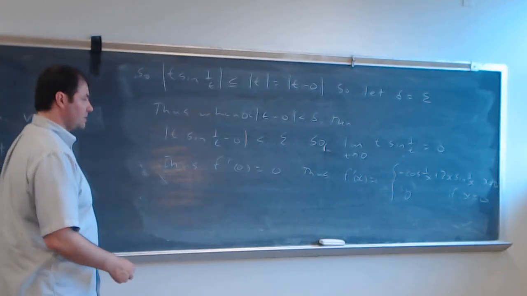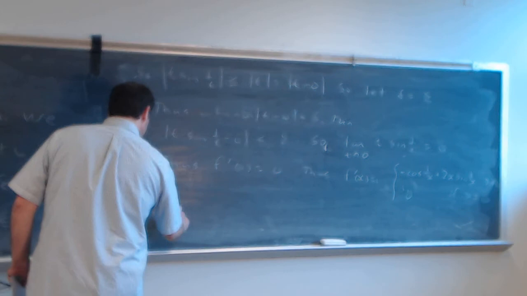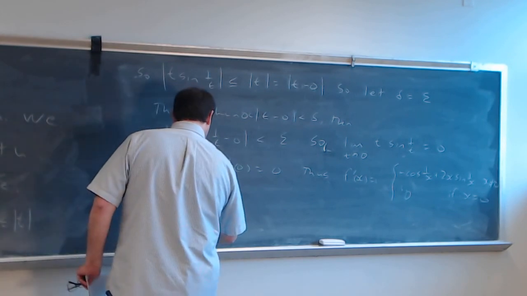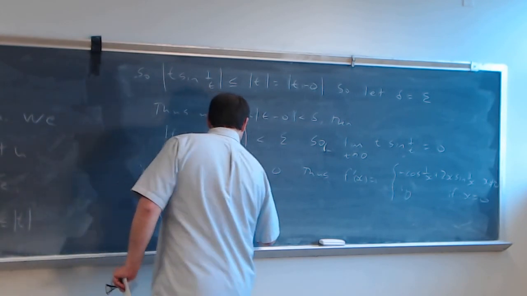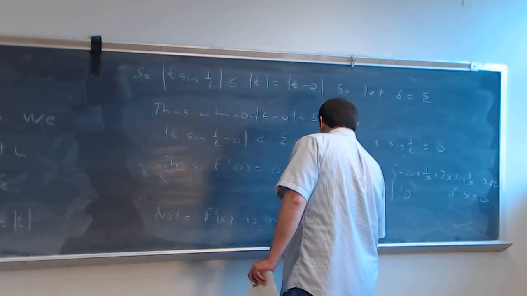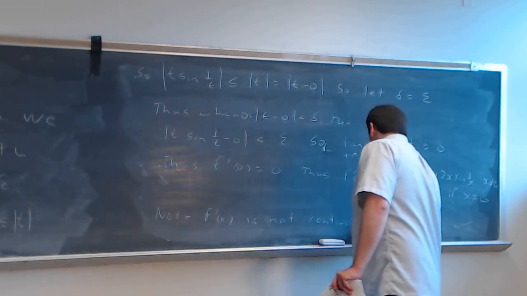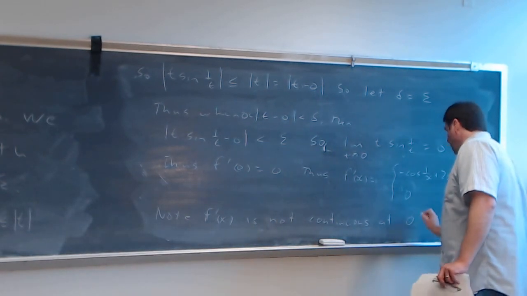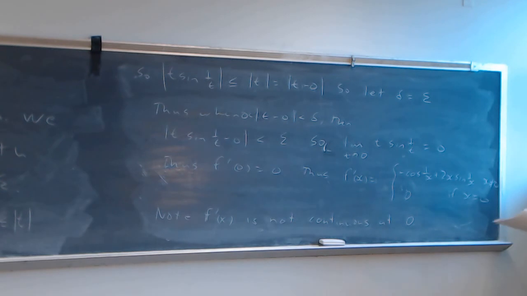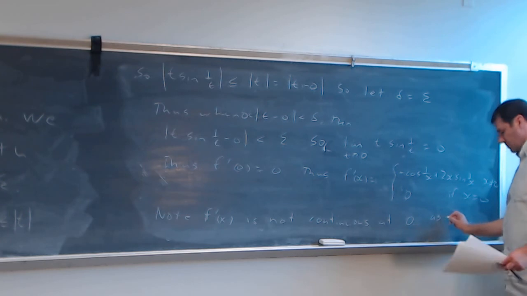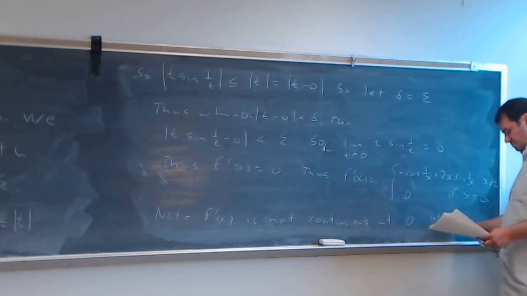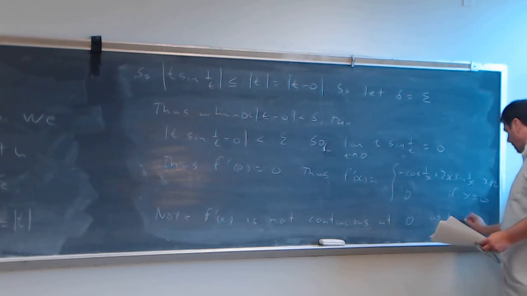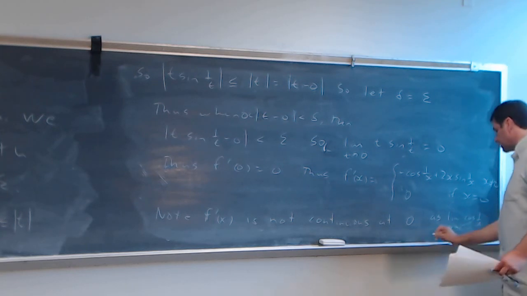What I want to point out about this function, in addition, is that f prime of x is not continuous at 0 itself. And one of the reasons is that the limit as x goes to 0 of cosine of 1 over x does not exist.